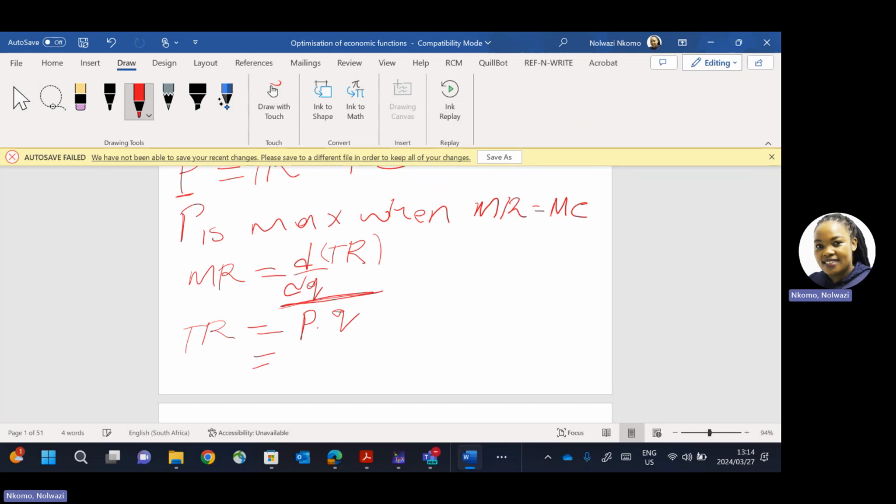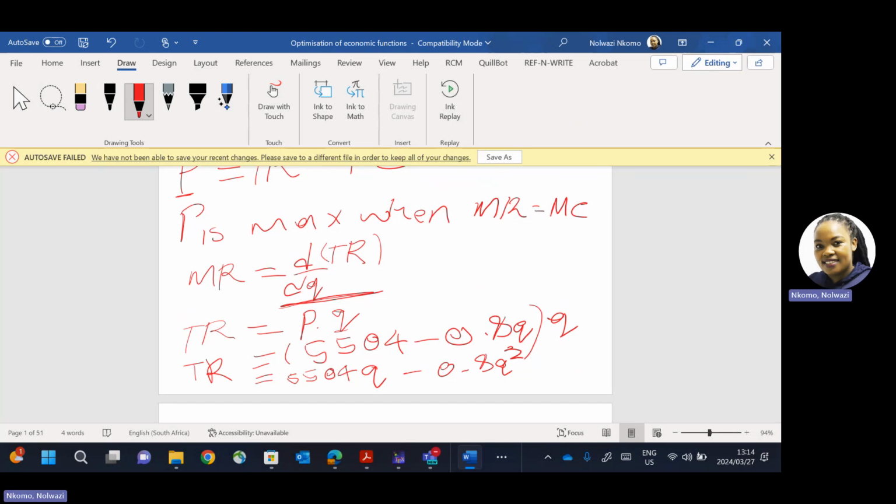And our demand function is given as 5504 minus 0.8 Q. Okay, and then times this demand function. If you simplify this, we'll have 5504 Q minus 0.8 Q squared. And this is the total revenue, right?